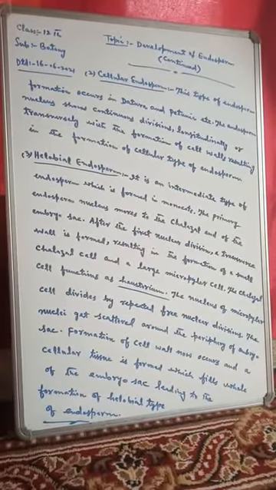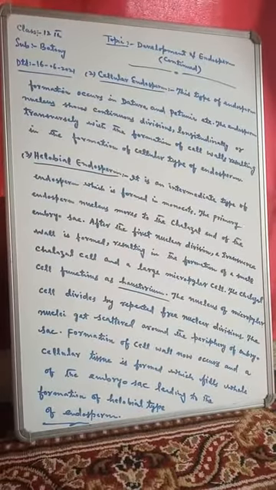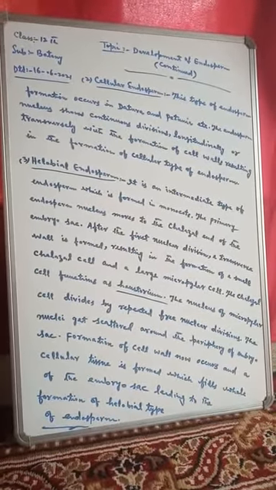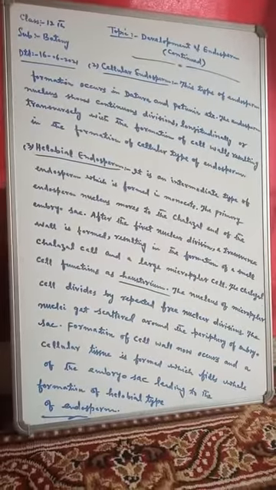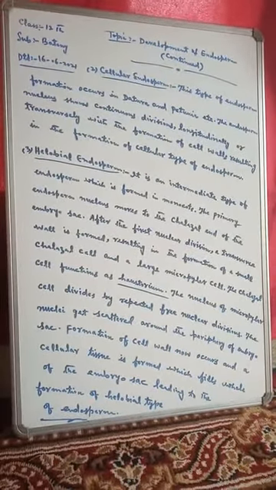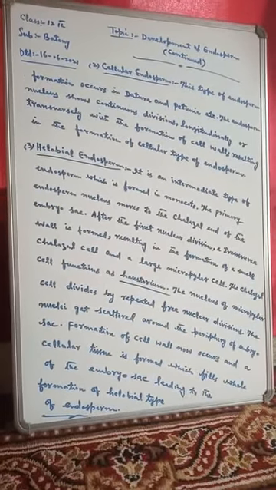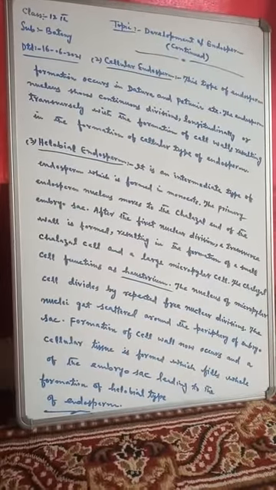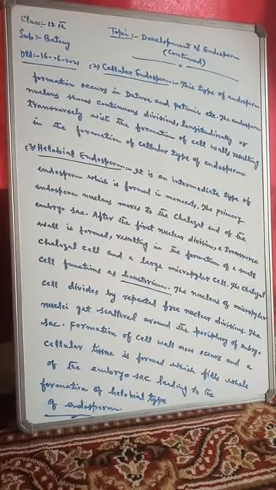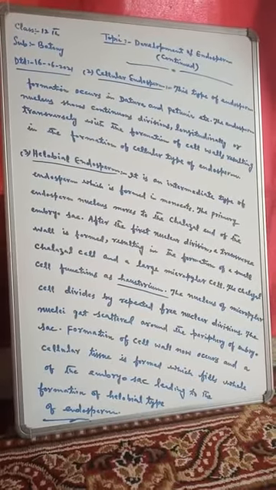These are the two plants in which this type of endosperm formation takes place. The names of the plants are datura, which we call datur in Kashmiri, and second is the petunia. So this type of endosperm formation occurs in plants like datura and petunia, etc.